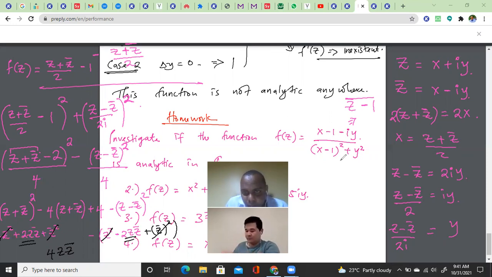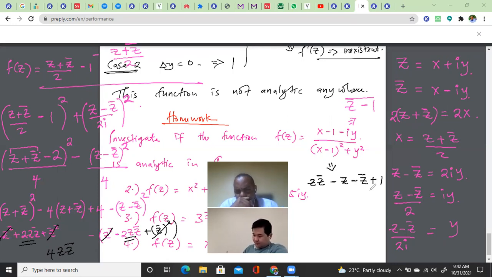So the bottom part has just been simplified to z z bar minus z minus z bar plus 1. So far, so good, right?